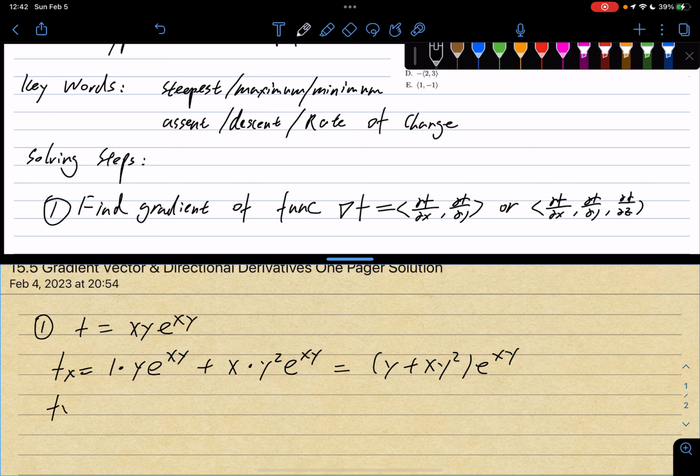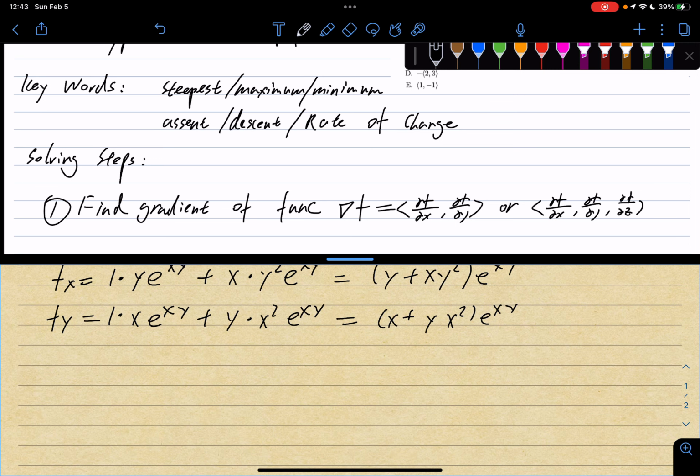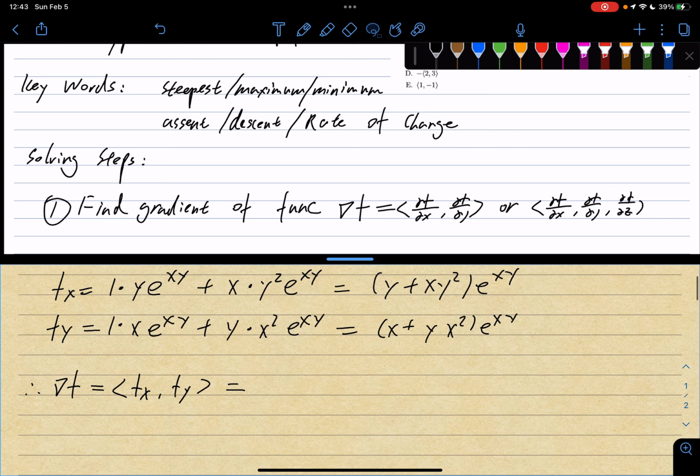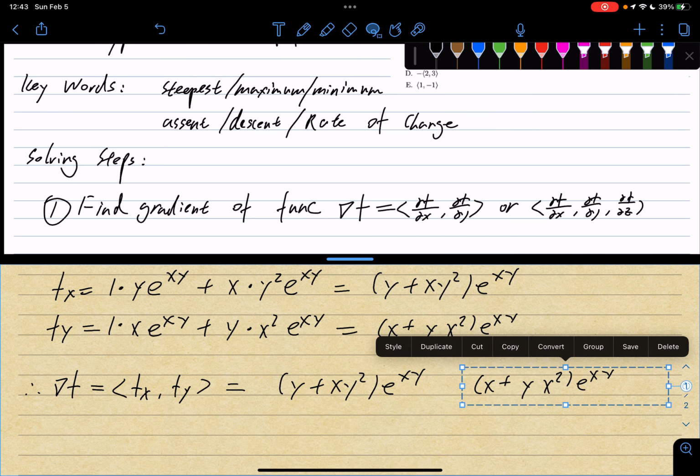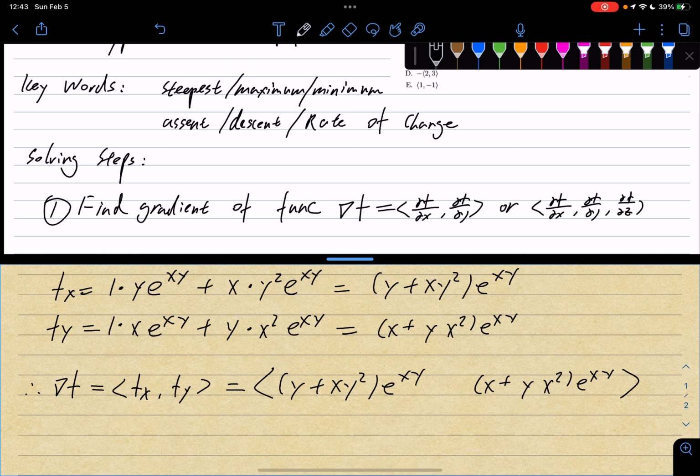So fy equals 1 times x e^(xy) plus y times x^2 e^(xy), which equals (x + yx^2) e^(xy). Since this is a two-variable function, the gradient equals (fx, fy), I'm just going to copy and paste. There you go. So this is the gradient of the function. Step 1 is complete.